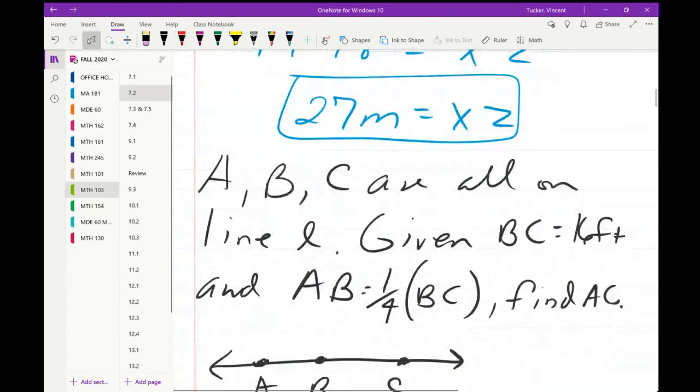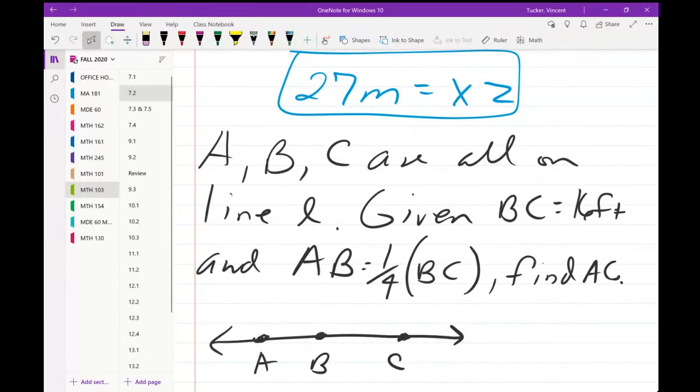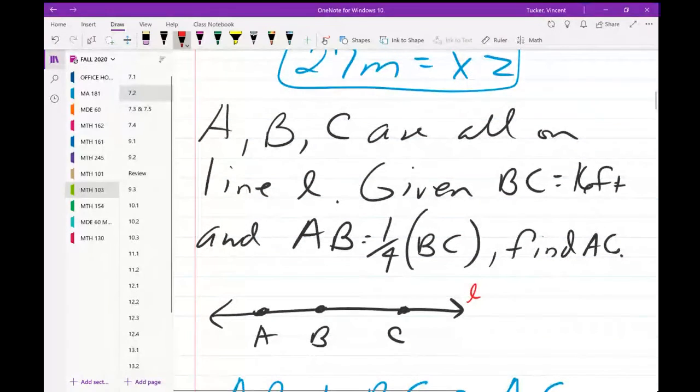Let's scroll up. Next one: A, B, C are all on line L. I don't know why I didn't label these L. But given BC and AB, what did I write?